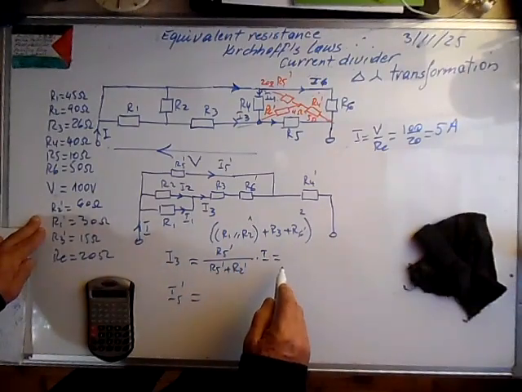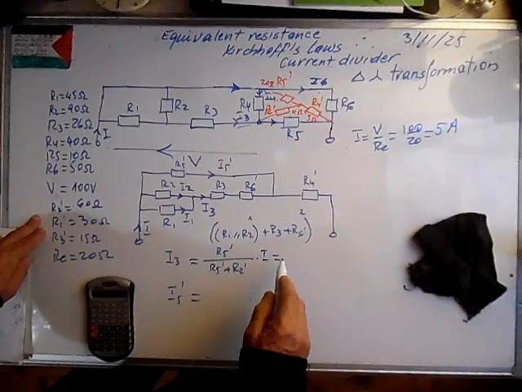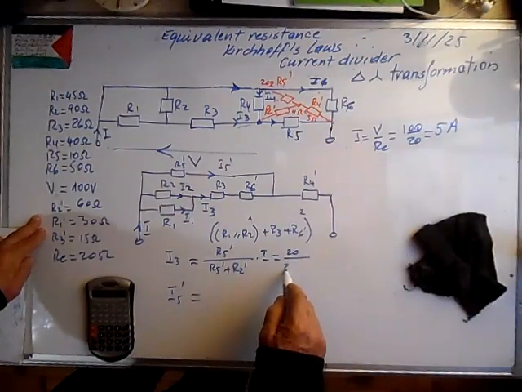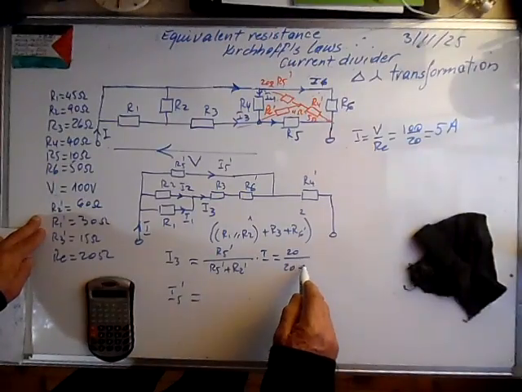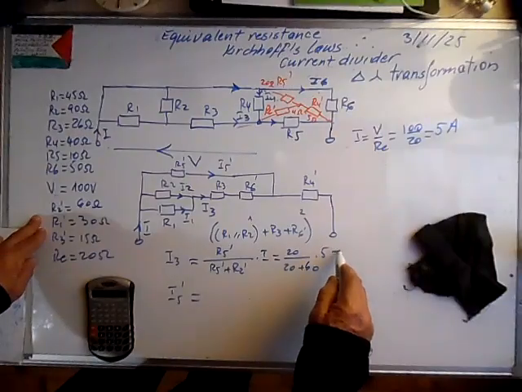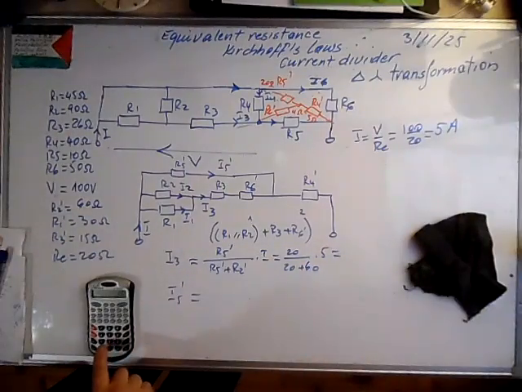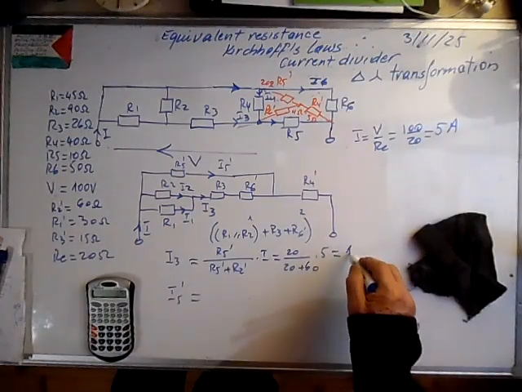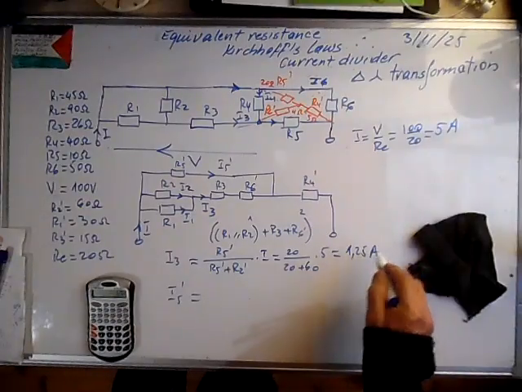So R5 prime, whose value is 20, over 20 plus R2 prime, 60, times the main current, which is 5. So it means 20 divided by 80 times 5. This is 1.25 amps.